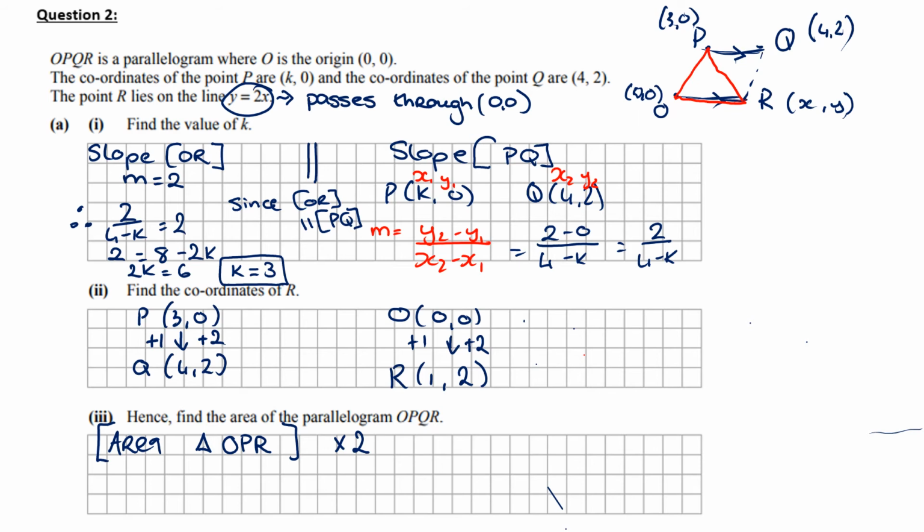So I can use my formula here, which is a half of x1 y2 minus x2 y1. Now let's get all these set up. So my origin is 0, 0, I don't need that. P is 3, 0, and R is 1, 2.